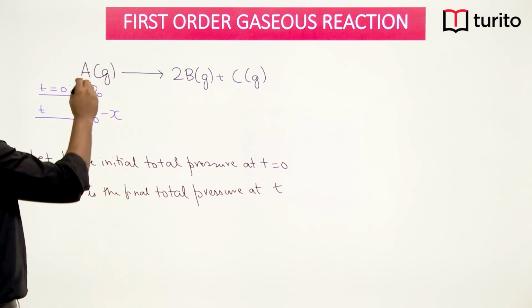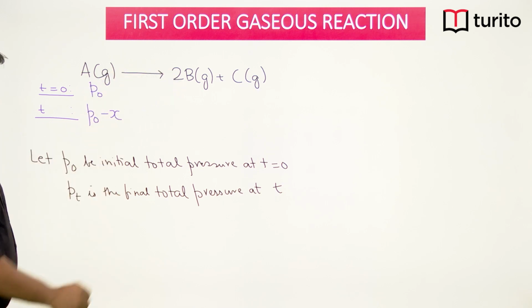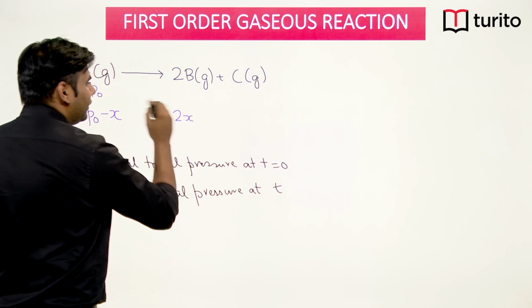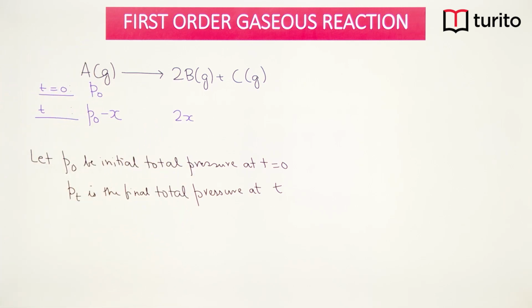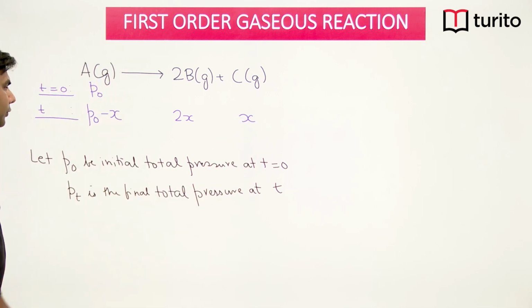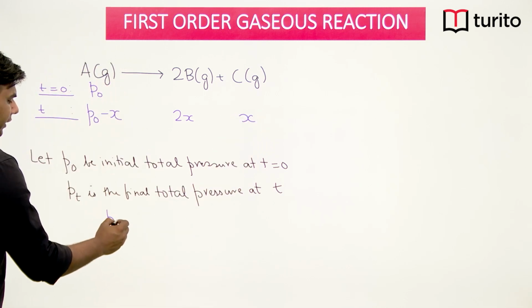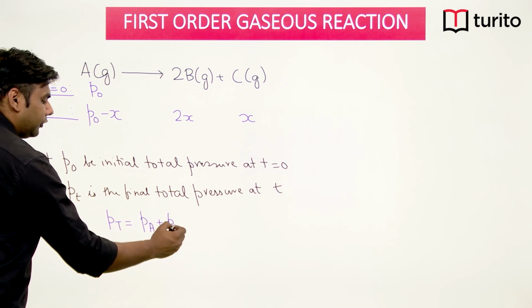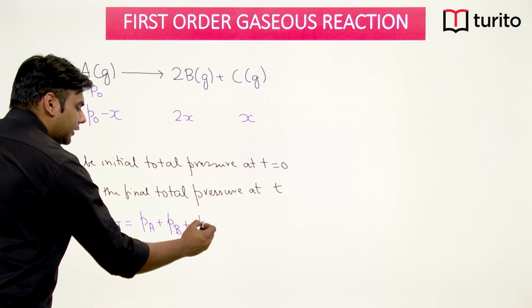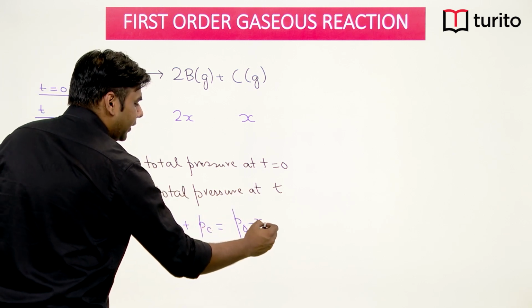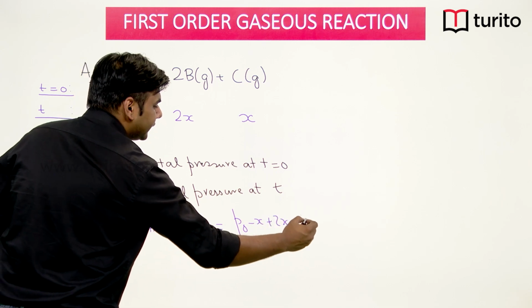Now we know that 1 mole of this on reaction forms 2 moles of B. So x pressure that has reacted would result in the formation of 2x pressure of B and x pressure of C. So the total pressure at time t would be the pressure of A plus pressure of B plus pressure of C, that is P naught minus x plus 2x plus x.